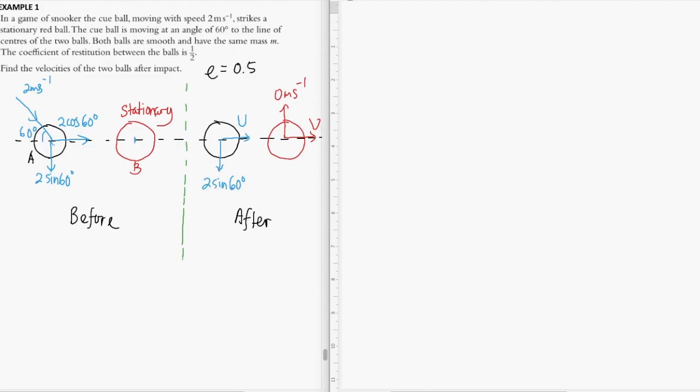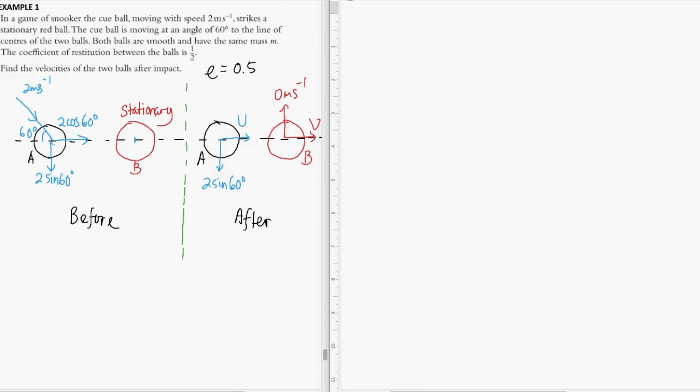Object B would have a horizontal velocity v, whereas the vertical component of its velocity after impact is the same as before, which in this case is 0.